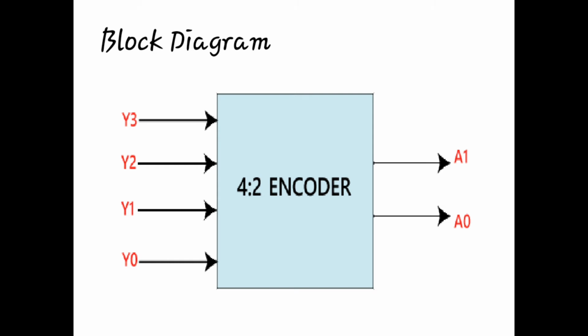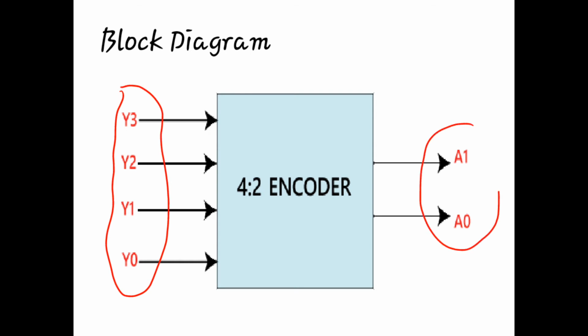Just like the general block diagram, one can simply design the block diagram of either 4 by 2 or 8 by 3 very simply. You can see here in this block diagram we are having 4 input lines, and corresponding to these we are having 2 output lines, represented in terms of A0 and A1 symbols.